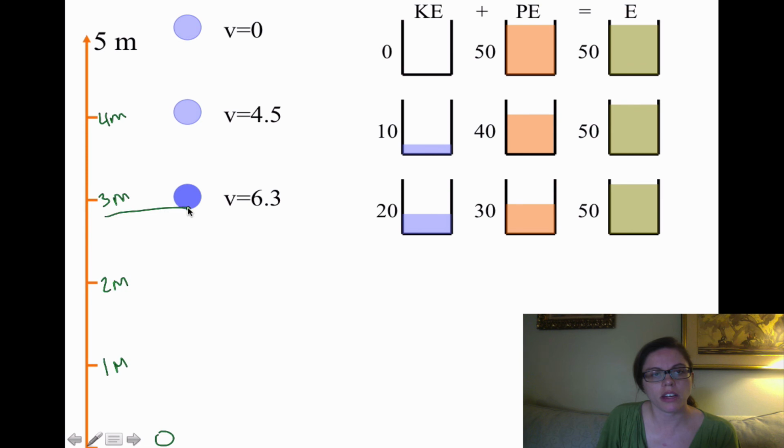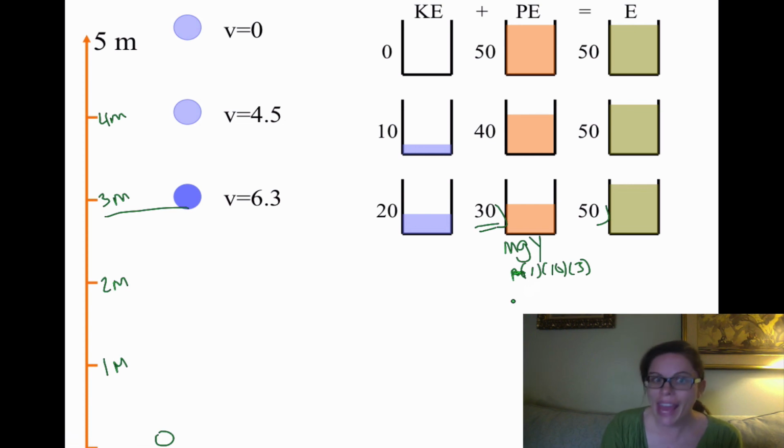So right here, our potential energy is mgh, or mgy, the y component. So m is 1, 1 times 10 times 3 is 30 joules. And so 20 plus 30 is 50 joules. So are you seeing a pattern here?